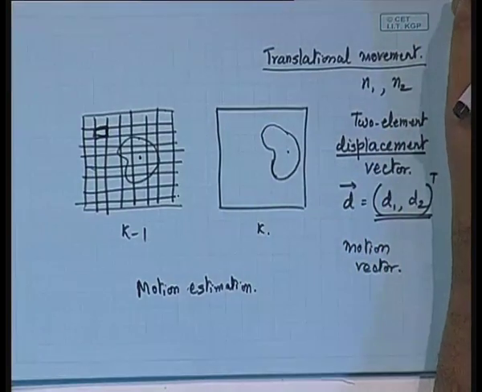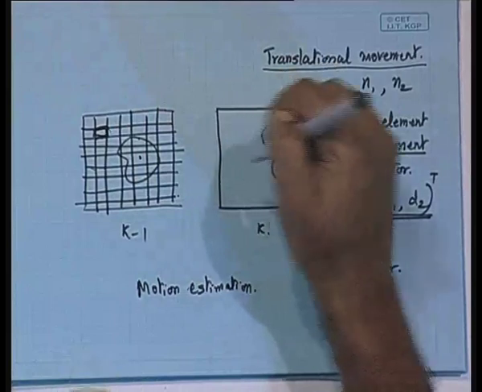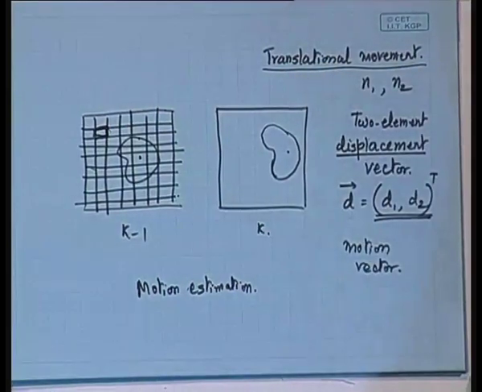Now, while searching, we have to search within a range, and for every position we have to find out the similarity of this block of pixels with that in the reference frame. The candidate block is to be compared with a reference block.